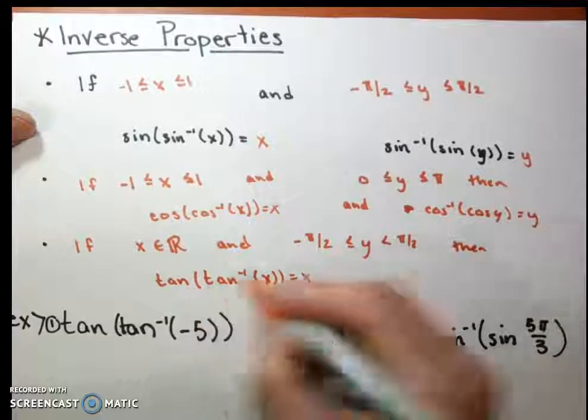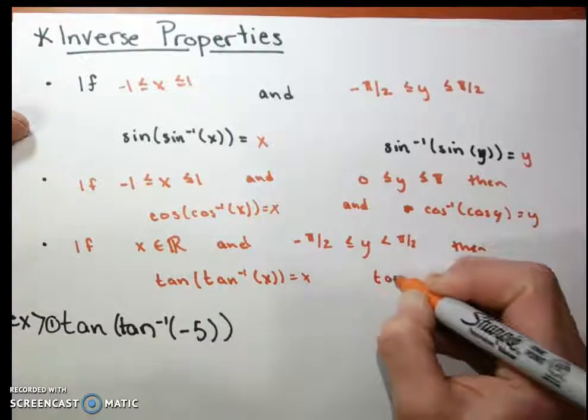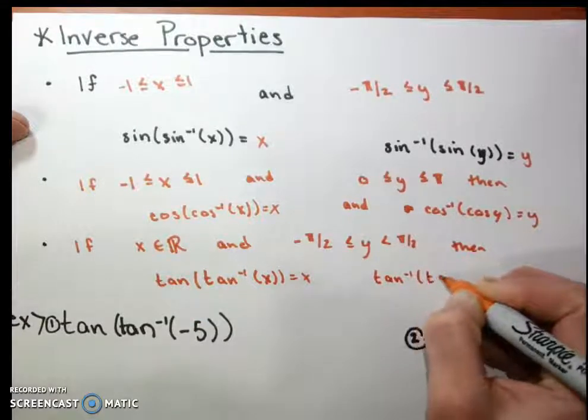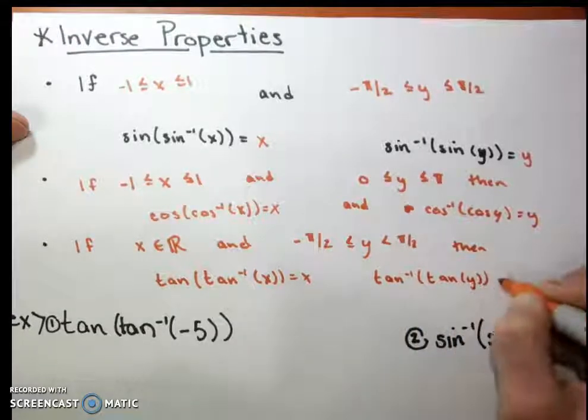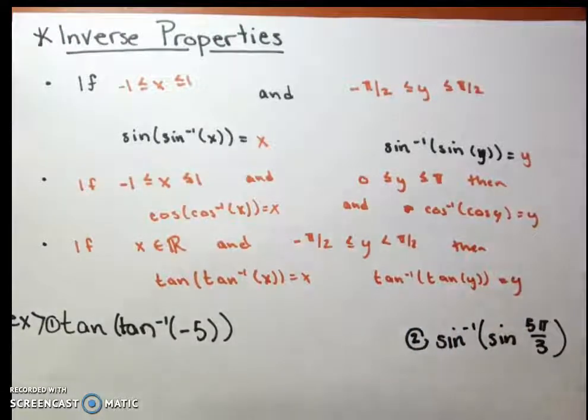So when we compose tan and tan inverse, we get x, and if we compose them in the other order, we get that input value y back. So let's see how this works in some examples.